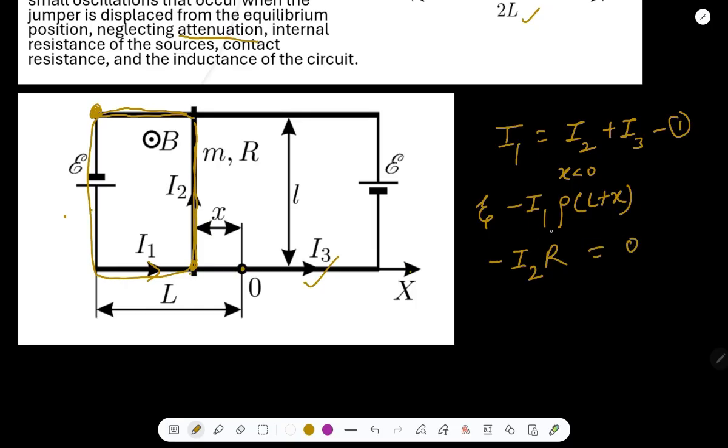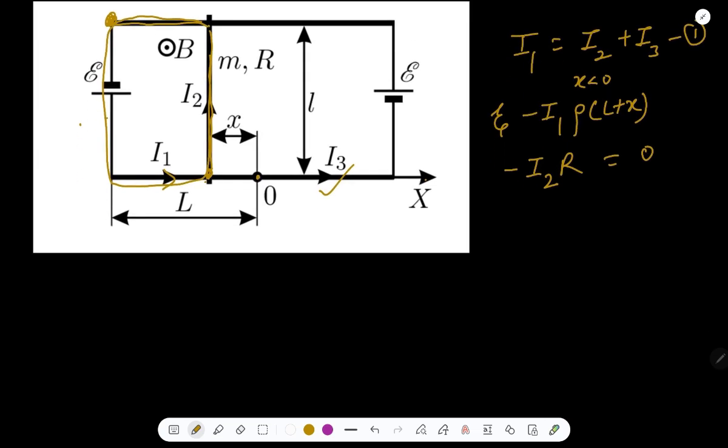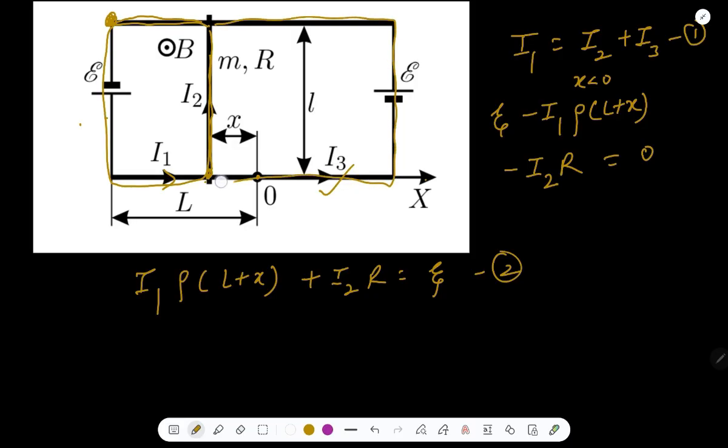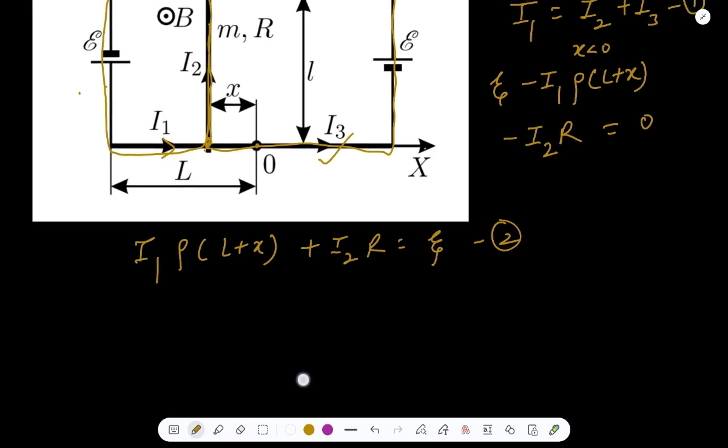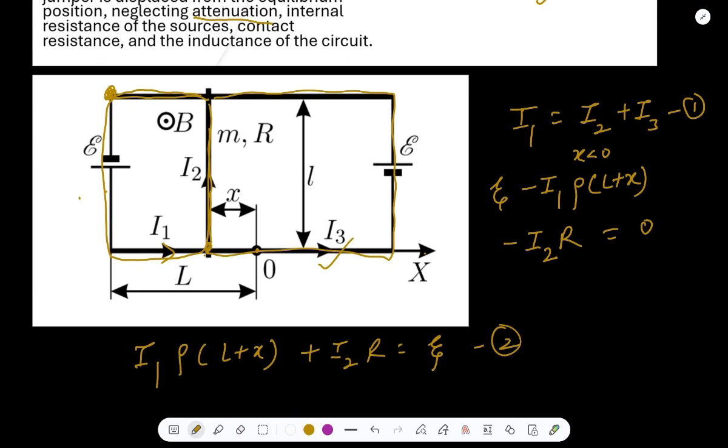That means we have an equation like I1 rho L plus X plus I2R equal to E xi, and that is our equation 2. And if you take the right loop of the circuit, you can write an equation like this, but I'm missing something.